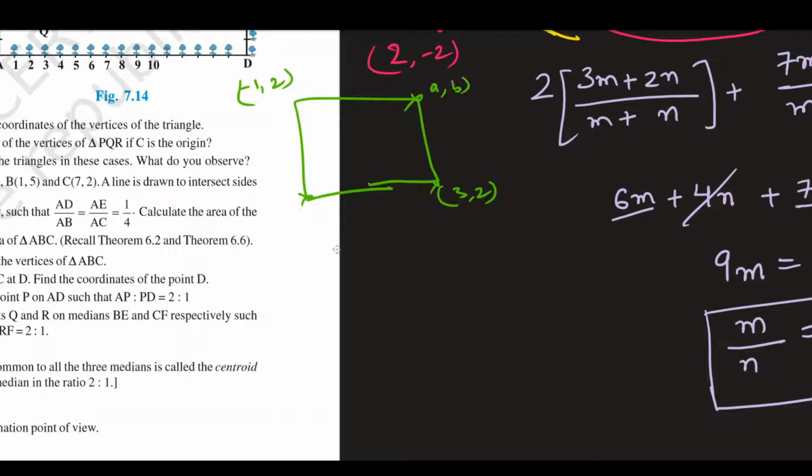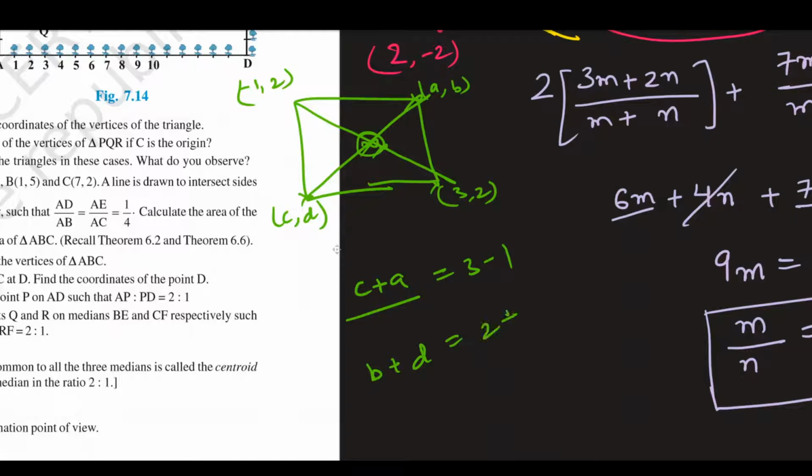So if it is A comma B, it is C comma D, what you can do is make its midpoint equal to its midpoint. The diagonals intersect at the midpoints of each other. So C plus A must be equal to 3 minus 1, and B plus D must be equal to 2 plus 2. So we are getting one equation from this.